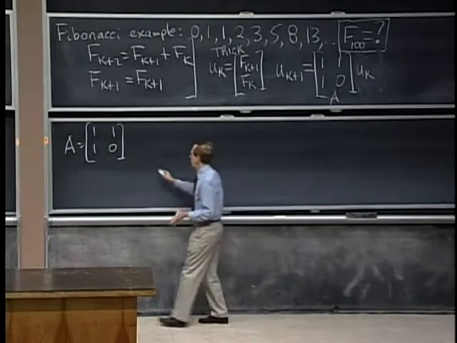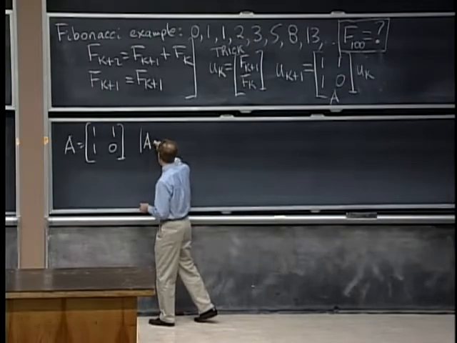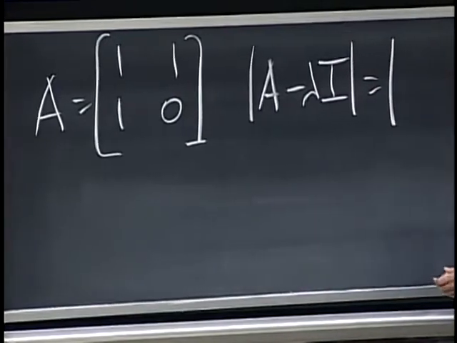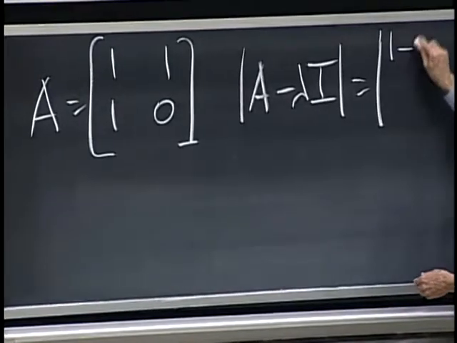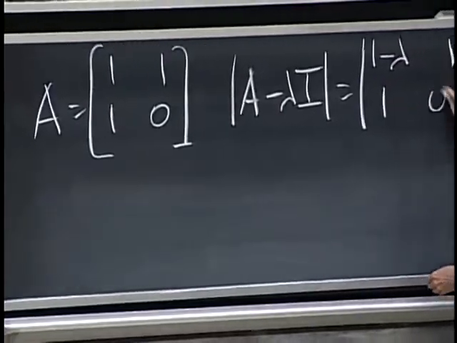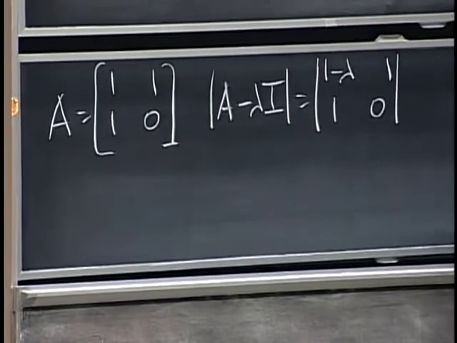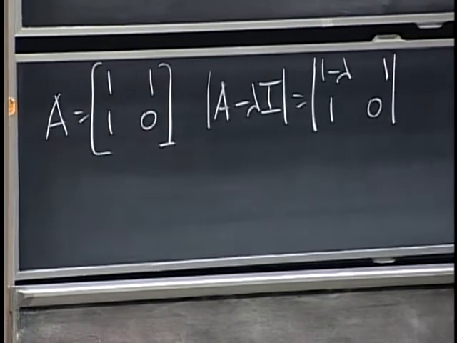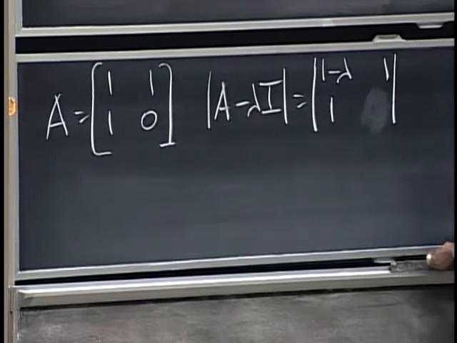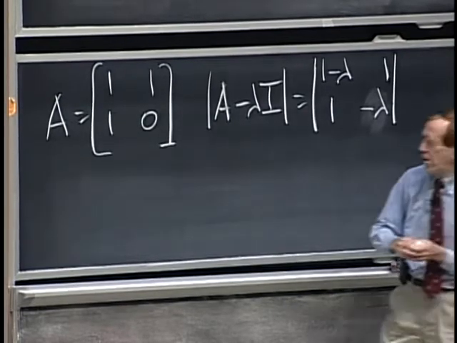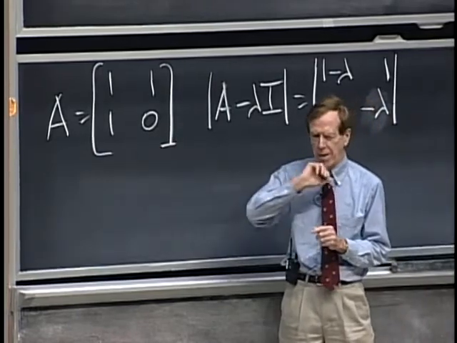What do I know about the two numbers? Well, do you want me to find this determinant of A minus lambda I? Sure. So it's the determinant of 1 minus lambda, 1, 1, minus lambda, yes. Okay. There'll be two eigenvalues. Well, tell me again what I know about the two eigenvalues before I go any further.